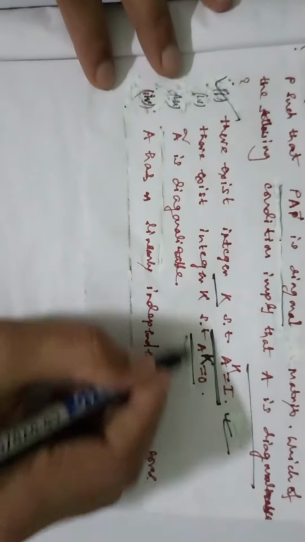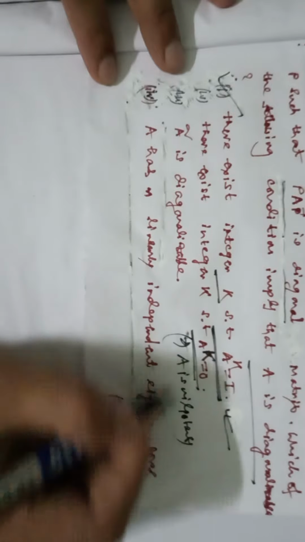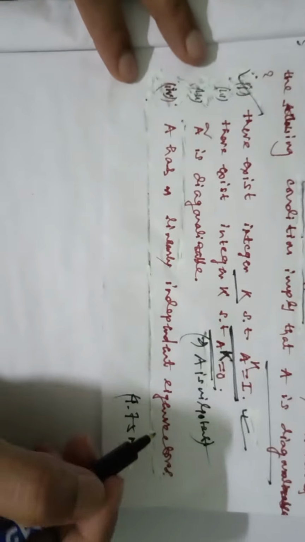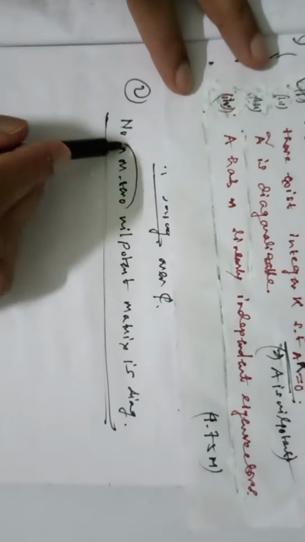So A to the k is 0 means A is nilpotent, but A may be 0 or a non-zero nilpotent. If it is 0 then it is diagonal, but if it is non-zero then it may not be diagonal, because no non-zero nilpotent is diagonalizable.